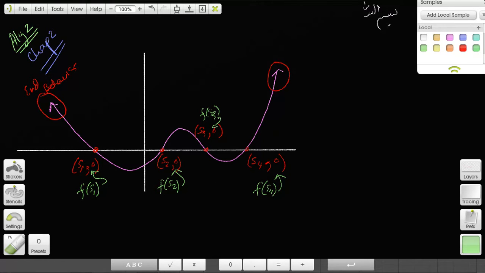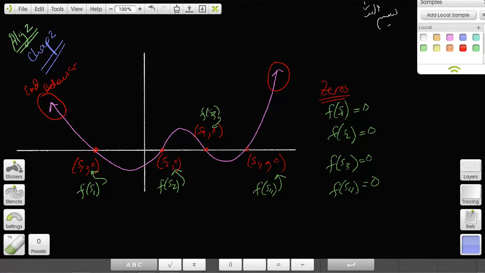For this function, for example, f of S1 is 0, f of S2 is 0, f of S3 is 0, and f of S4 is 0. This is a quality of all the zeros. Zeros are where, when you plug that number in, you get 0 for the function.